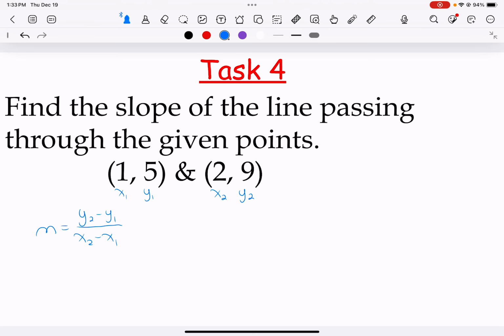It doesn't matter how you label them, just as long as the 1s stay together and the 2s stay together. So to find my slope, when I substitute my numbers in, I have 9 minus 5 over 2 minus 1. 9 minus 5 is 4, 2 minus 1 is 1. So my slope would be equal to 4.